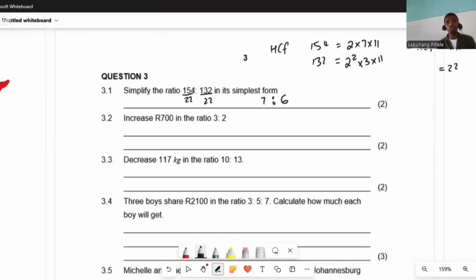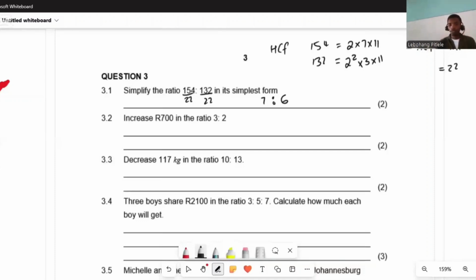Did I say you should skip this one, or these two? It's okay. What I meant is for you guys to skip 3.2 and 3.3.